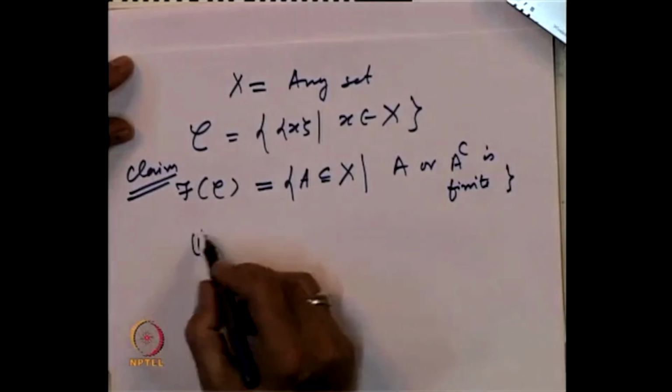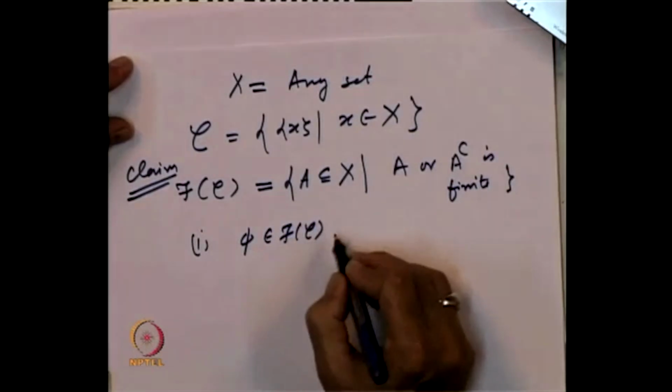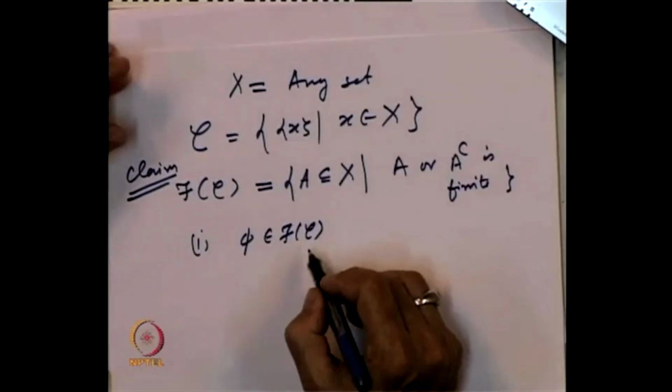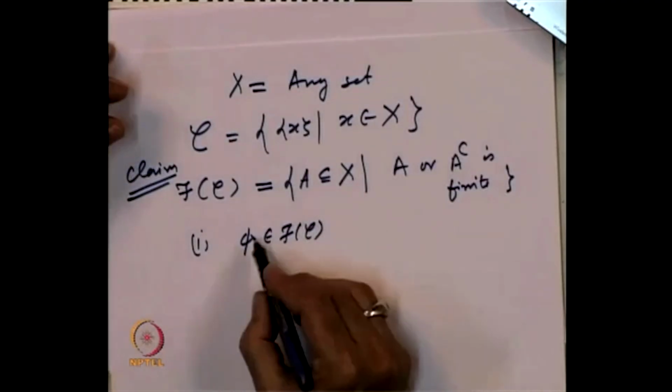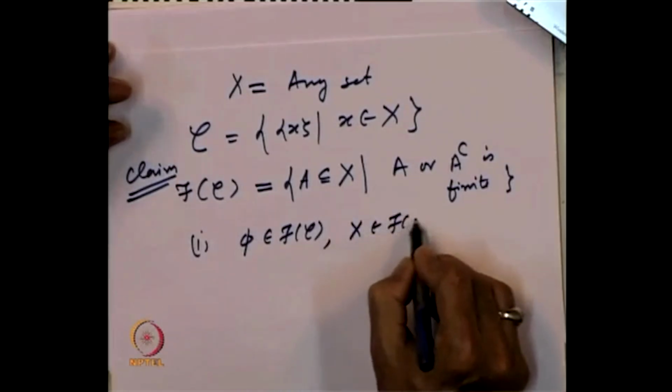So let us observe, does the empty set belong to f of C? Yes, because by definition the empty set is a finite set. Okay, does X belong to f of C?